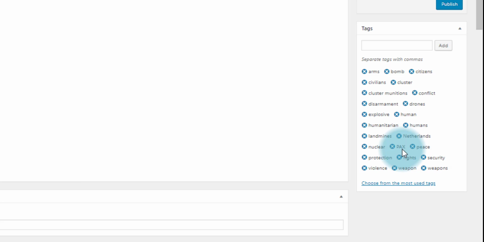Also keep in mind that we are using Australian or UK English on the website, but some people might search in American English or US English. So if there's a word such as organisation, you should include both organisation with a Z and organisation with an S, because we don't know what people are going to search for.